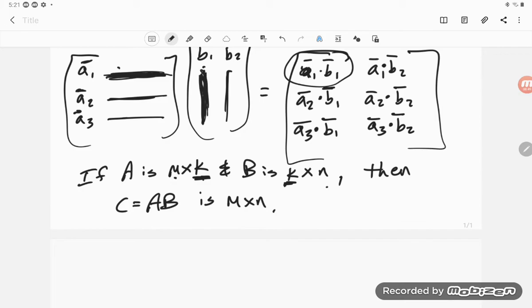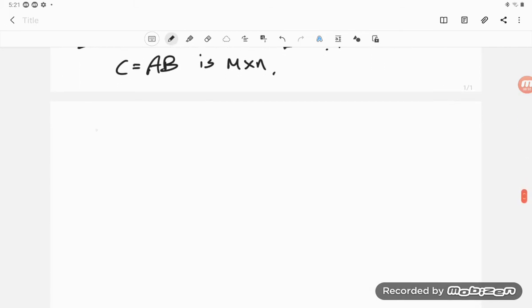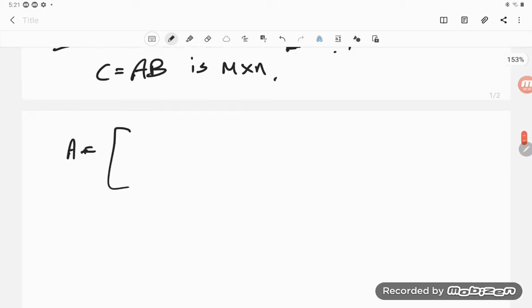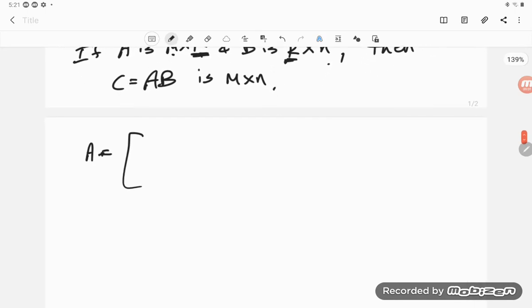So that is matrix multiplication. Suppose we have A as 1, 1, 0, minus 1, 2, 3, and 1, 3, negative 1.